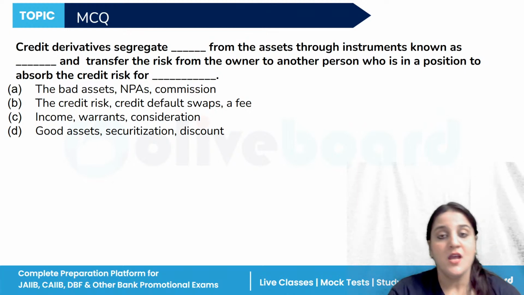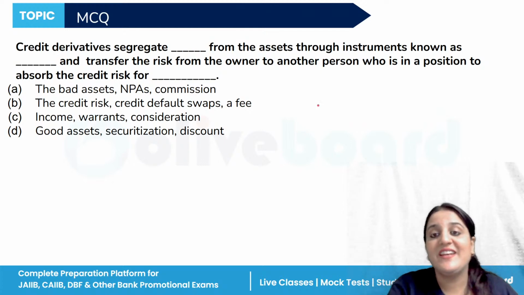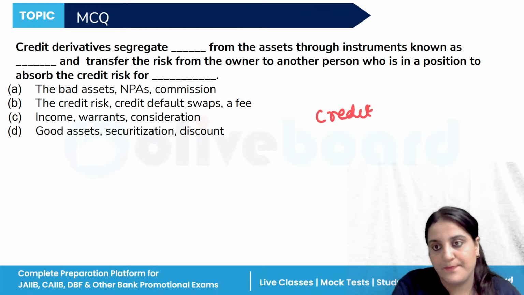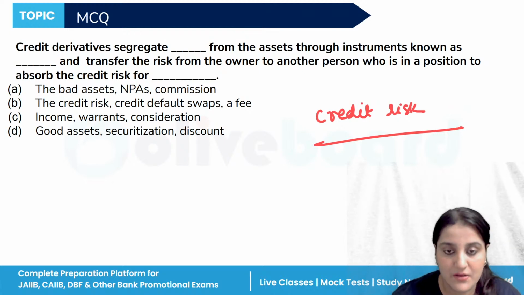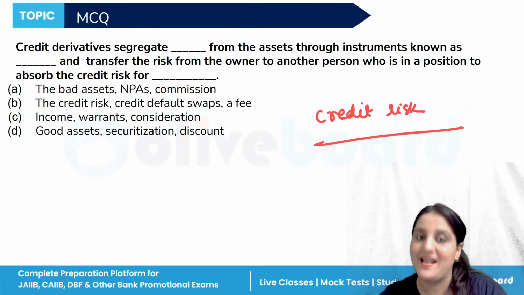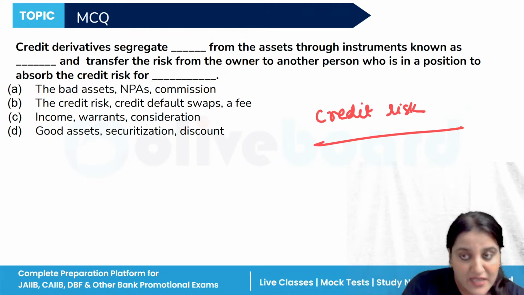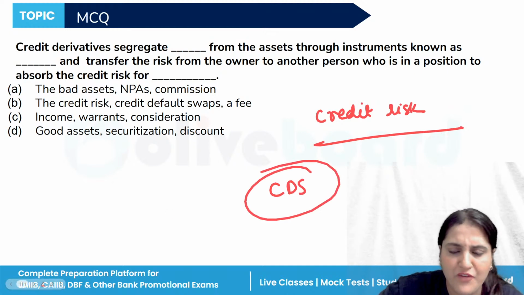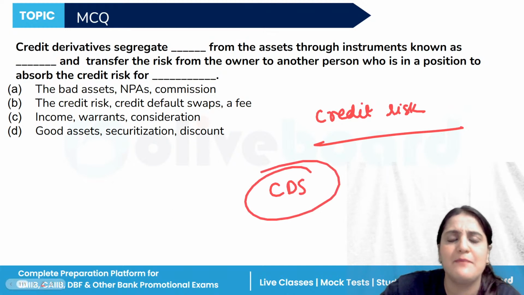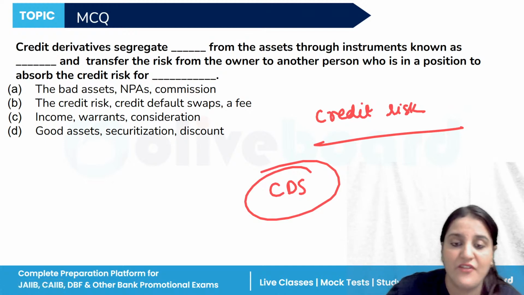These are designed to segregate the credit risk from the underlying assets, and these instruments are known as CDS, credit default swaps.